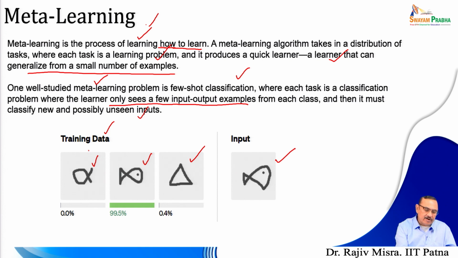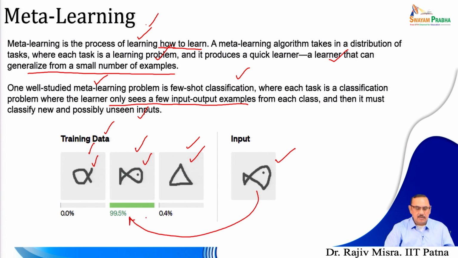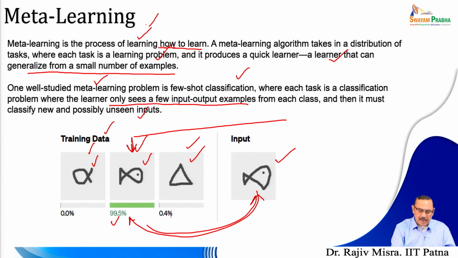For example, there are three different training data, and here when a new input comes, you know that this particular input is quite close to the trained model, which is having 99.5% accuracy. If you compare it, it is the distance between these two models. Therefore, it will pick at that point this particular model, which is already trained. How about other models? This model has only the correlation of 0.4% probability. Here it is 99.5% probability. This particular model is close when a new input of this type is seen.